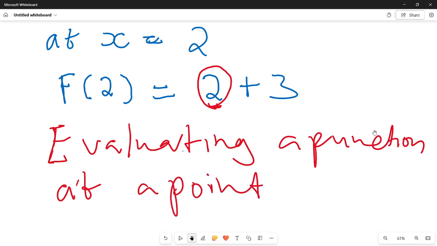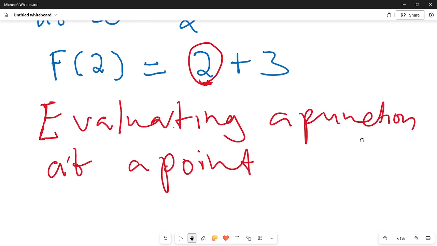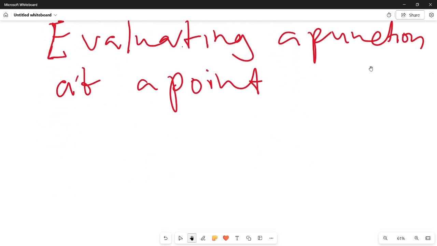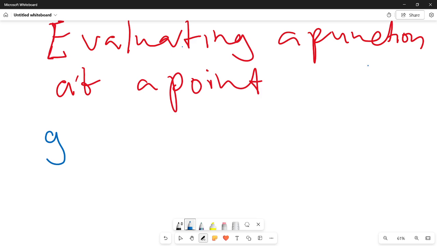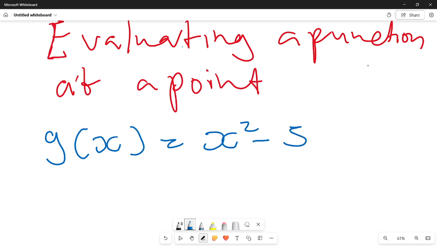All right, so what if we have another function, which is g of x? So let's assume we have another function named g of x, which is defined as x squared minus 5.